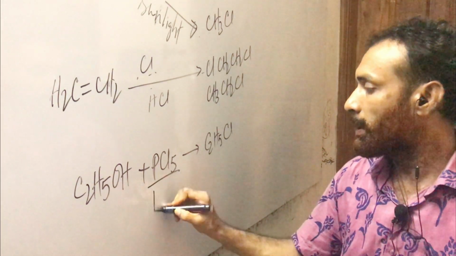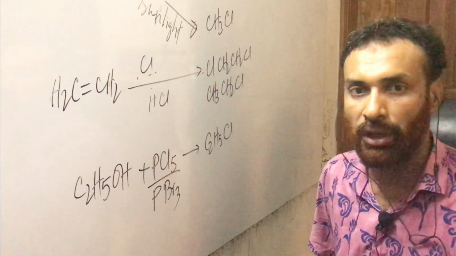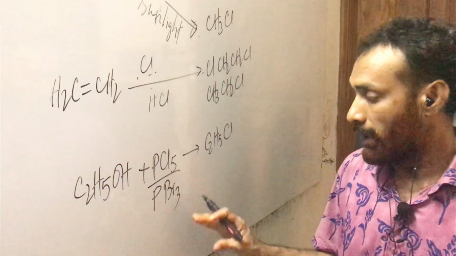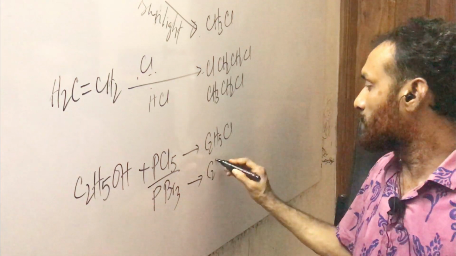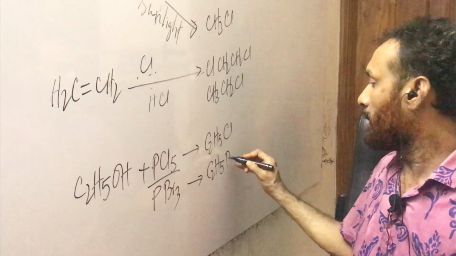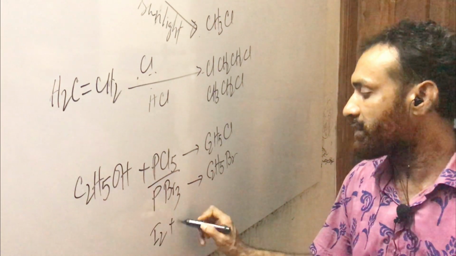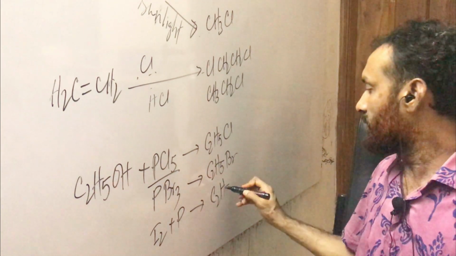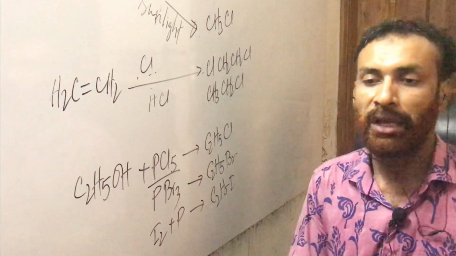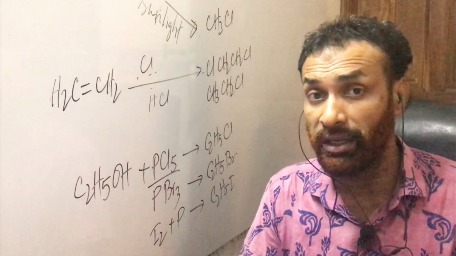And if this is PBr3, PBr5 is not possible because it is not stable, then you would get C2H5Br, bromoethane. Or if this is iodine and phosphorus, you would get C2H5I. So these are the compounds. Then we are having a review.